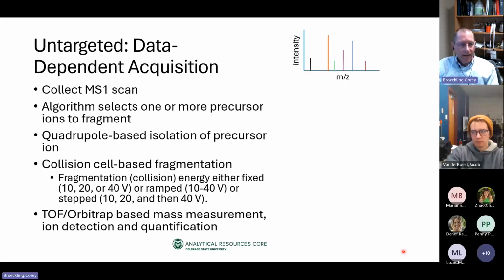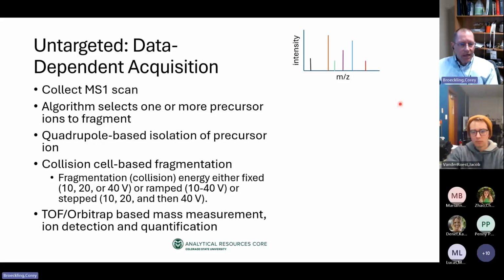So you're acquiring a scan, which I call here MS1, which is not a scan of product ions, but of all the precursor ions that are present. And you can see what this looks like up in the upper right-hand corner here. So this precursor ion spectrum, or MS1 spectrum, in this case, we have 6 different ions that are detected. Each of them is colored differently.